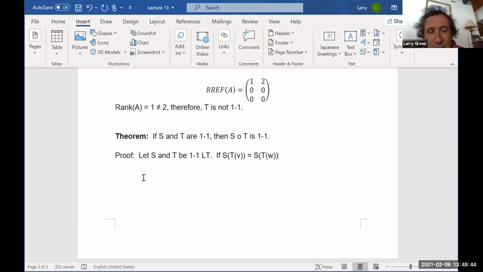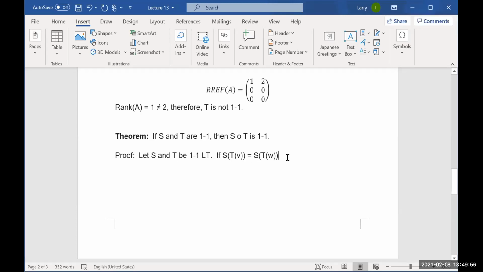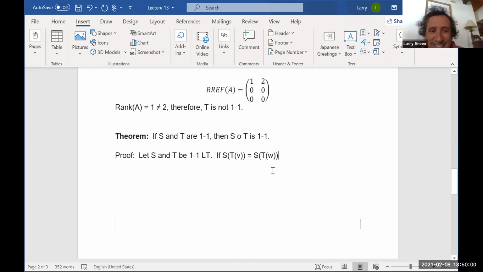Okay, so we know what our goal is. Our goal is V equals W. What we're allowed to use is that S is 1-to-1 and T is 1-to-1. Which one do I use first? I'm thinking T is 1-to-1. One more guess. Then S is 1-to-1. Yeah. So let me rewrite this just so that you understand what's going on.